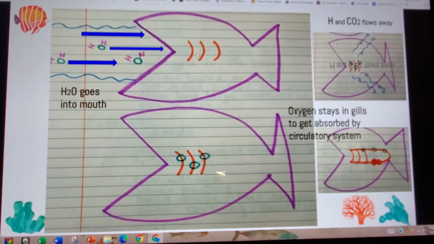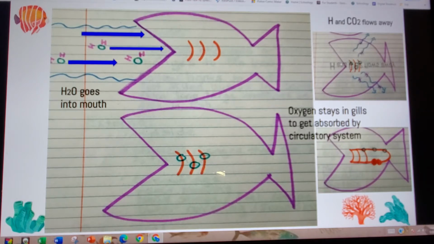So the water flows in. When it does, the oxygen goes into the gill, so it keeps the oxygen. So the hydrogen that was part of the H2O flows away, and so does the carbon dioxide that had been in the fish's body. That's how it gets rid of it.